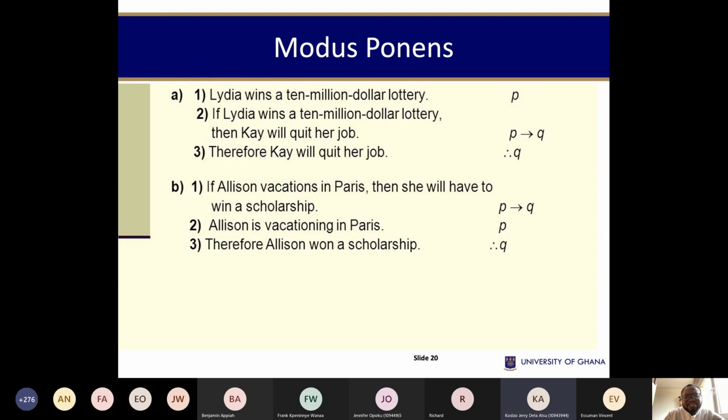Somebody can decide to use A, B, but normally we start from P, Q, R, S, T. It has become a normal thing for all logicians. It is better to stick to the normal one so you don't cause confusion, because other books are also consistent with the old system.